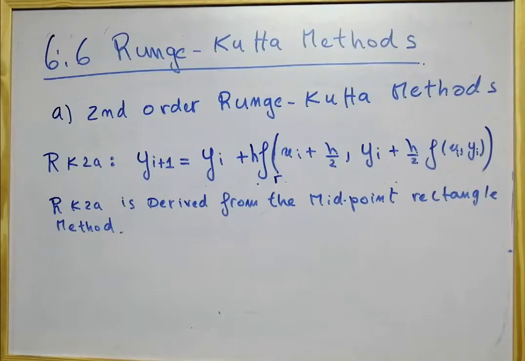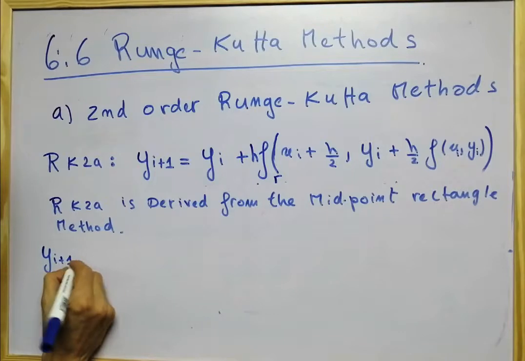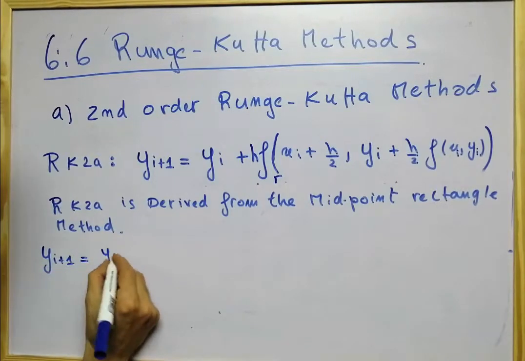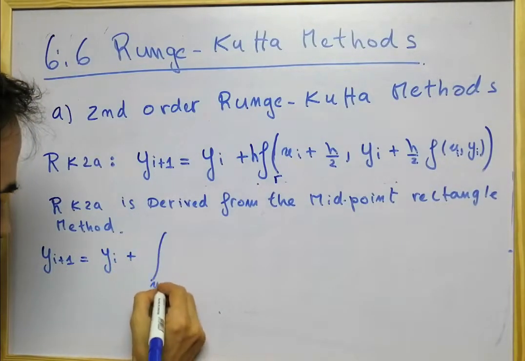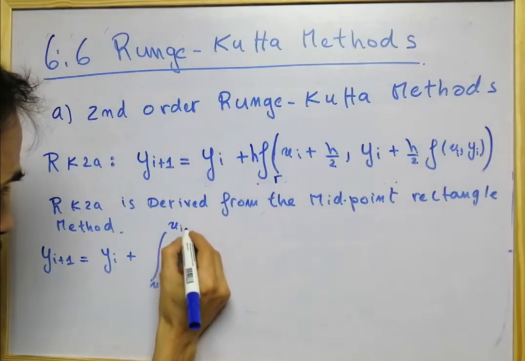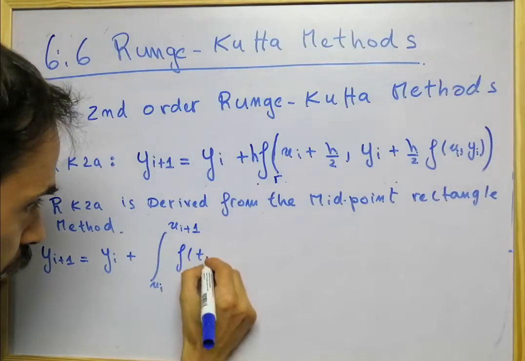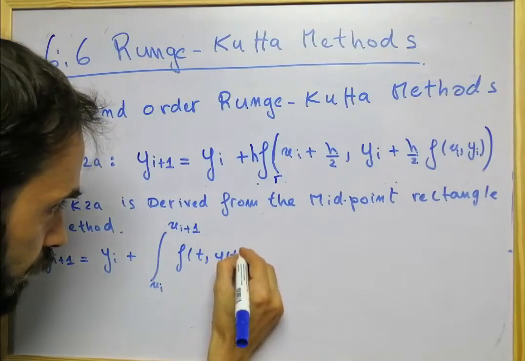Let's rewrite y i plus 1 is equal to y i plus the integral from x i till x i plus 1 of f of t, y of t dt.